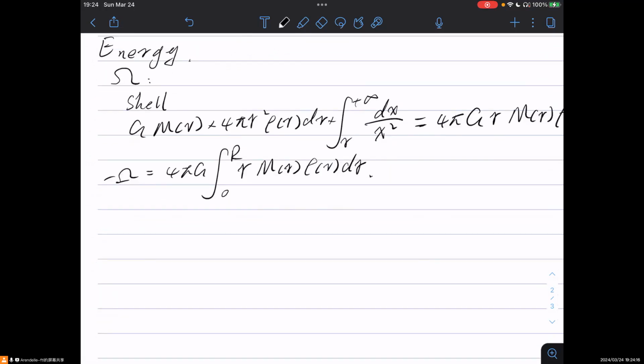And if we want to deal with this integral, we need to integrate it by parts.